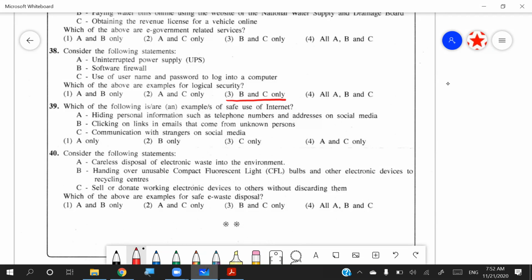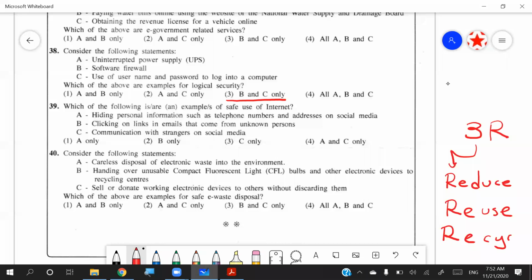When it comes to safe e-waste disposal, there is a concept called 3R, right? Now 3R stands for reduce, reuse, and recycle, right?